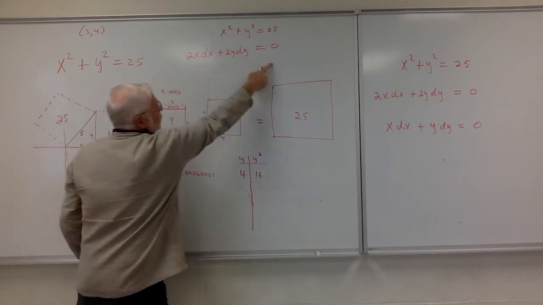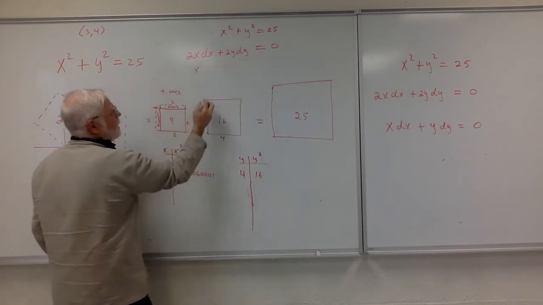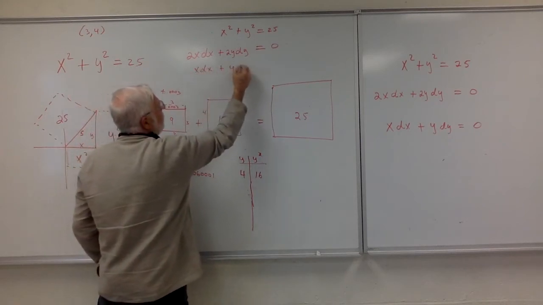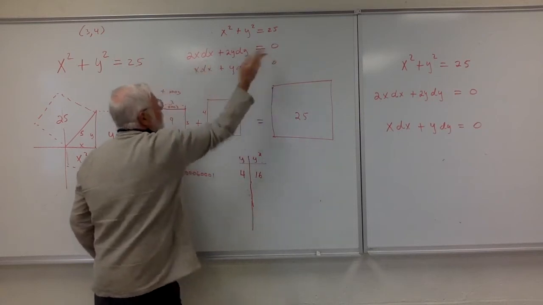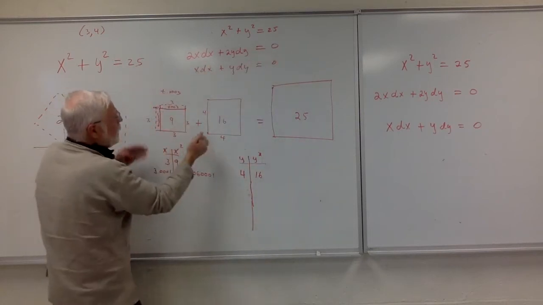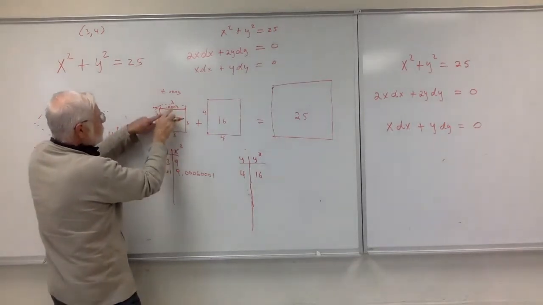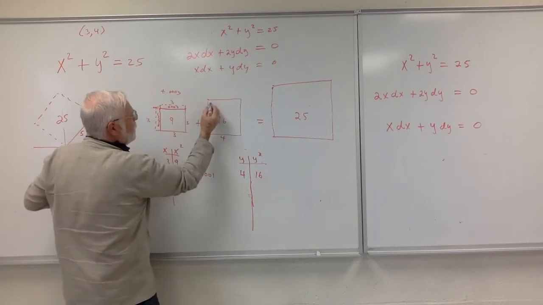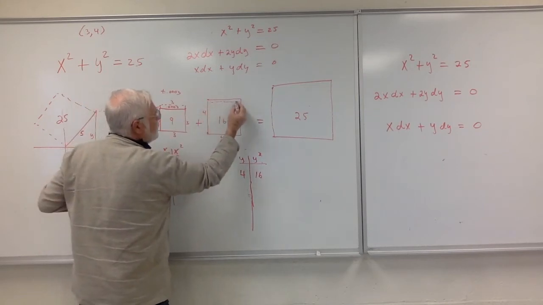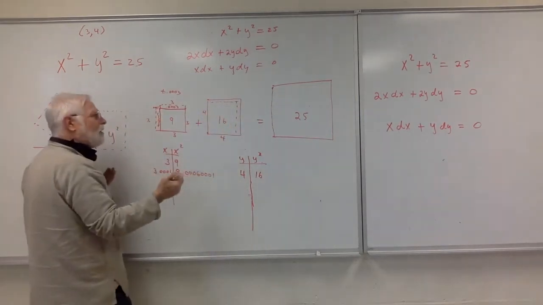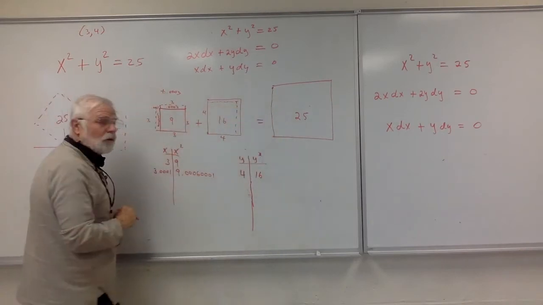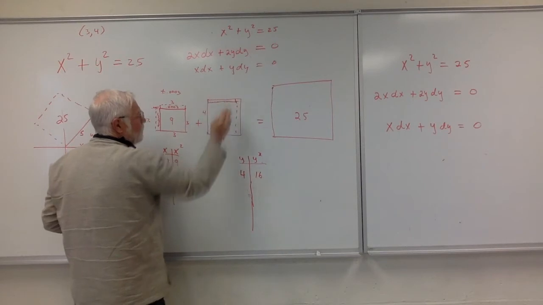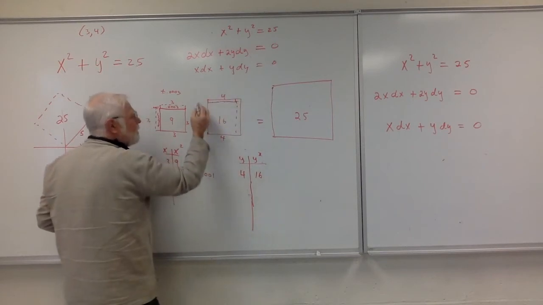I mean, I can divide by 2 here, right, to make this just looking at the top layers. So this becomes x dx, this becomes y dy, and this is still 0, dividing everything by 2. Right, so I'm not looking at both layers, I'm just looking at the top layer. So over here, if this goes up by that, then this has to decrease by the same amount in order for this to add up to no change at all, right? And we know that this is 4. This is your dy.